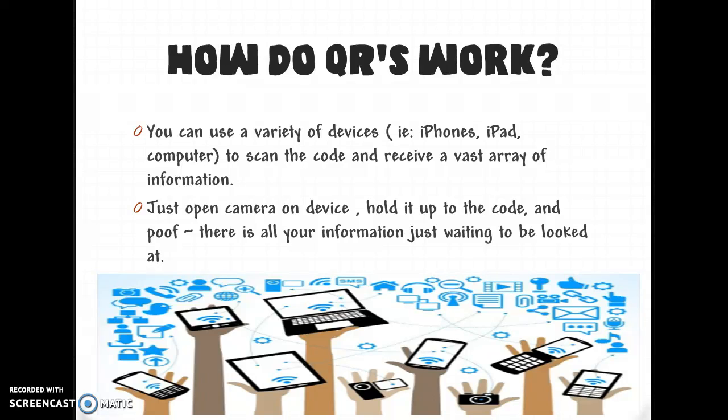Just open the camera on your device, hold it up to the code, or, in some cases, the code to the camera, and poof, there is all your information just waiting to be looked at. You can get anything from a movie clip, a video clip, a song, a website, or even 10% off of that dress you've been looking for weeks.